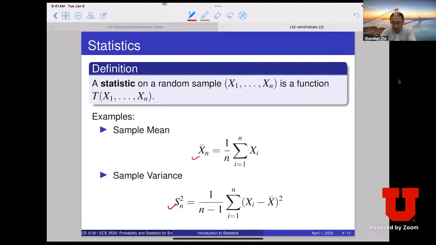Is the sample mean or sample variance random, or can we simply view them as some kind of constant? Any guess?